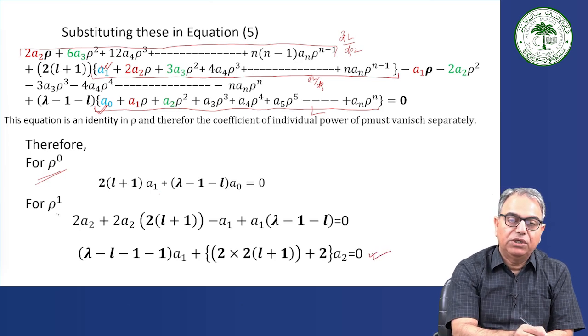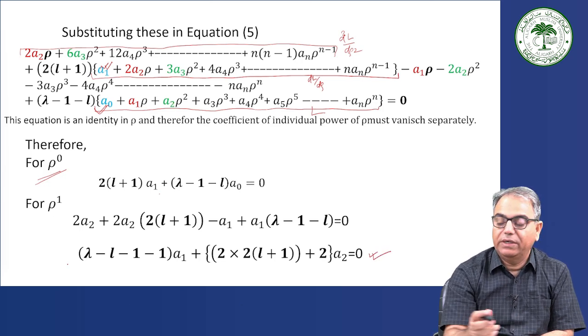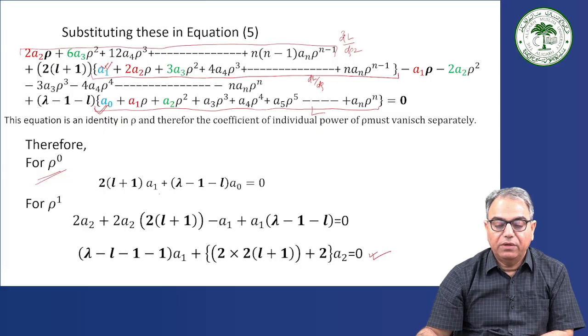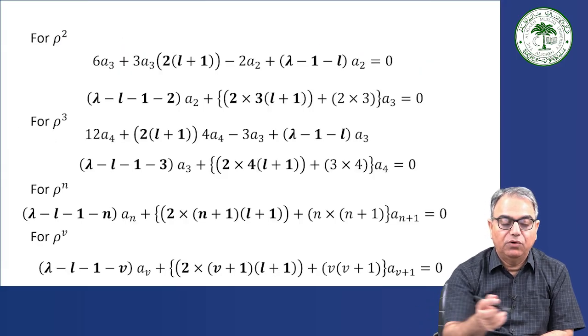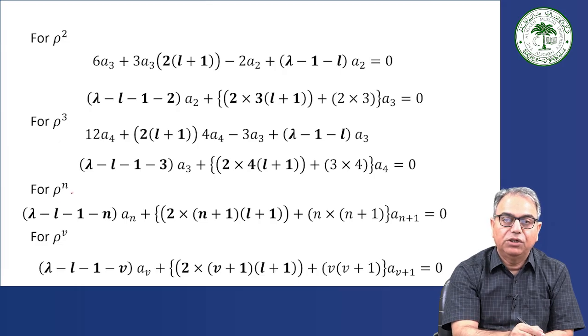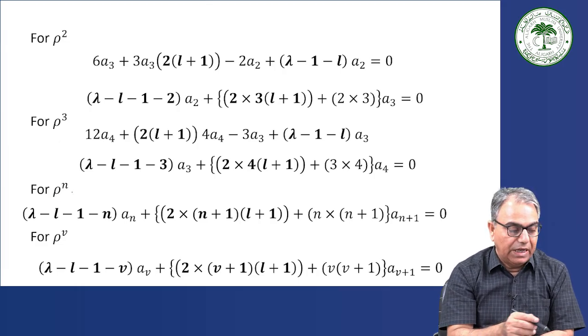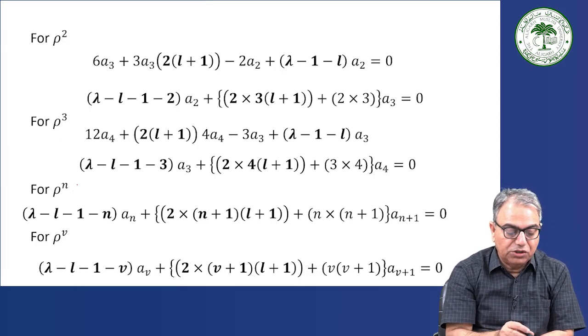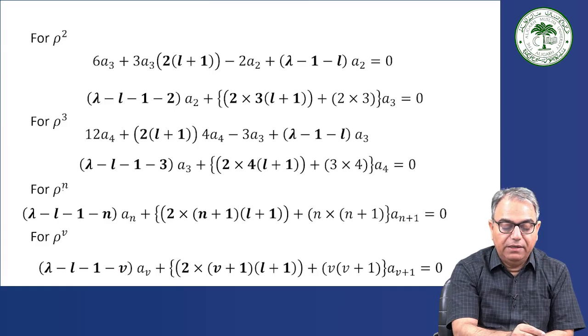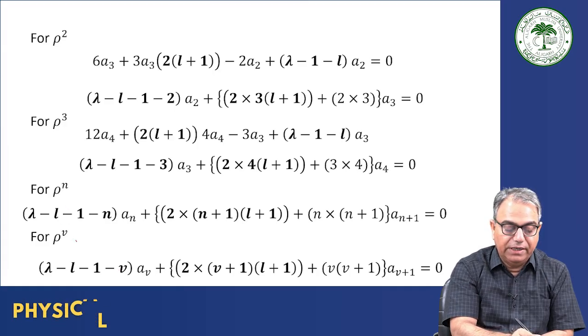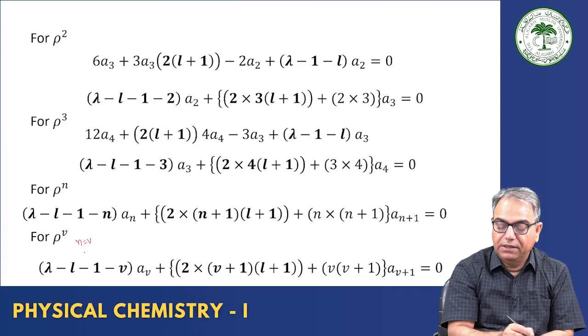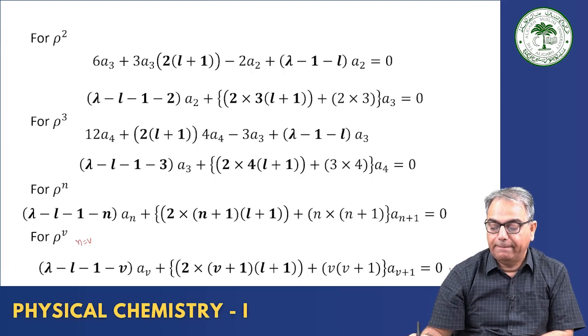Same way, rho raised to the power 3, rho raised to the power 4 you can separate, and finally rho raised to the power n we can separate. And if you separate rho raised to the power n, and here n is equal to v, then you can write it like this.